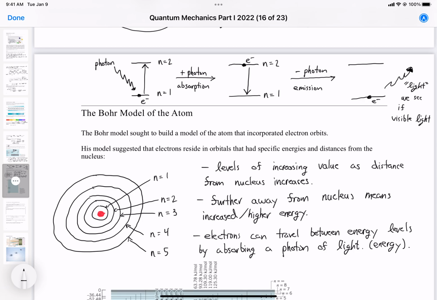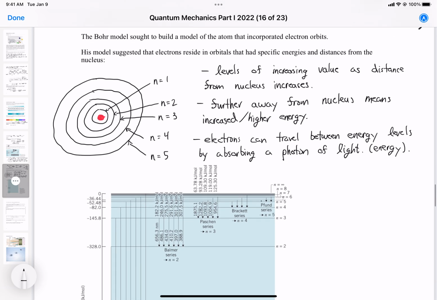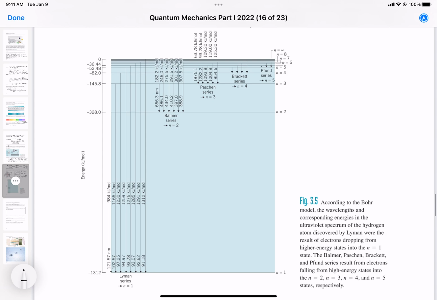Okay? All right. So now if we take a look at this diagram here, before Bohr, there were these series of energy levels developed by other scientists. And you see here that they document the energy transitions between the higher order energy levels. N equals infinity, 8, 7, 6, 5, 4, then 3, 2, 1.